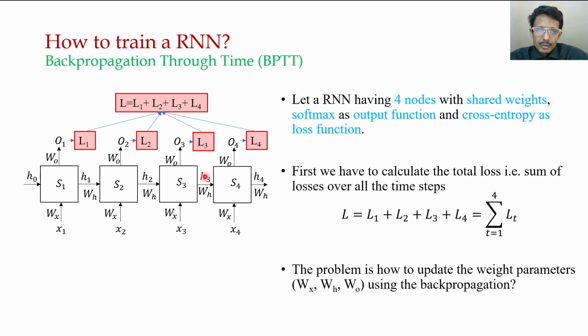Based on our supervised concept, there are some inputs and outputs already given, and based on this we get some predicted values, and we get the losses, and based on these losses we calculate the error gradient, and this error gradient is used to update the weights at the different layers. It was discussed in normal backpropagation.